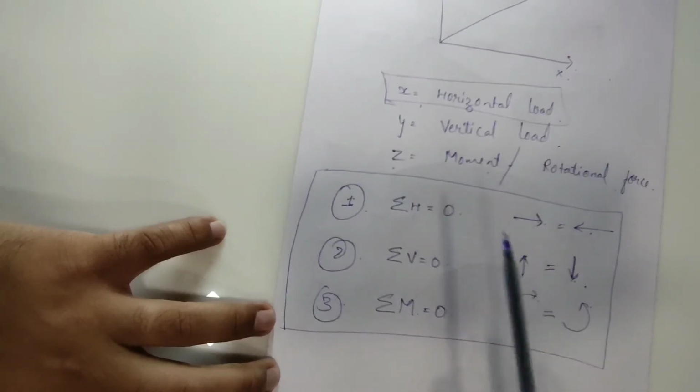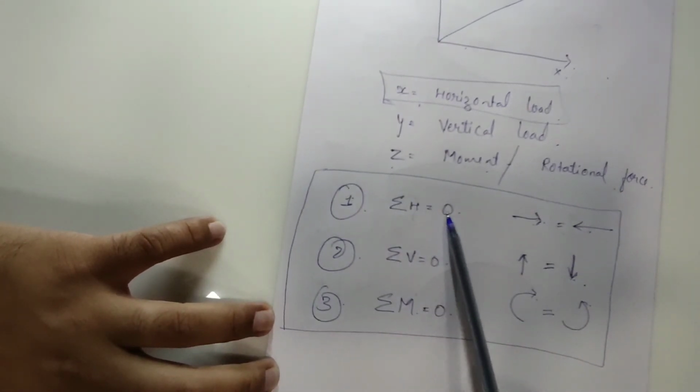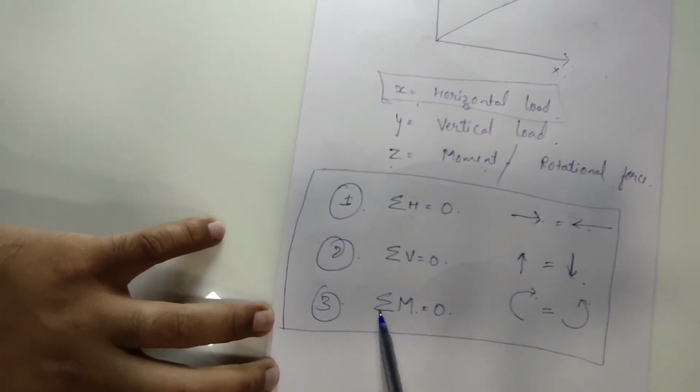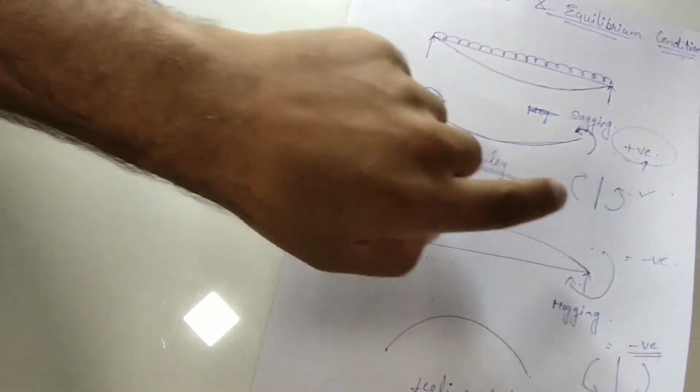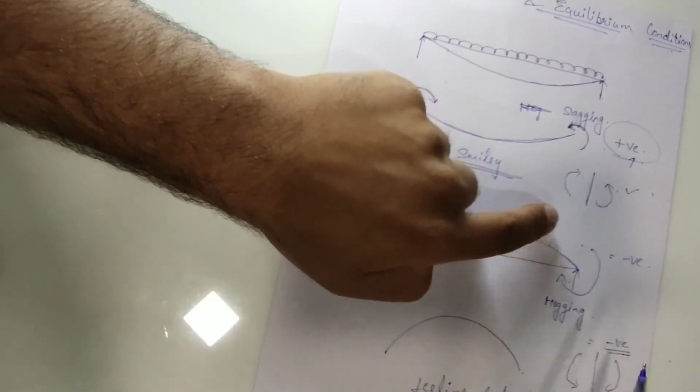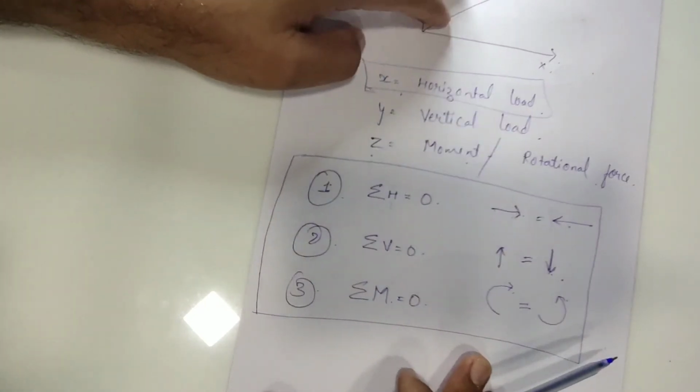So there are only three equilibrium conditions: summation of H is equal to 0, summation of V is equal to 0, summation of M is equal to 0. Okay, so I hope you got some knowledge about the sign convention, which sign convention we should take and which equilibrium conditions we should use to solve any kind of example of a structure.